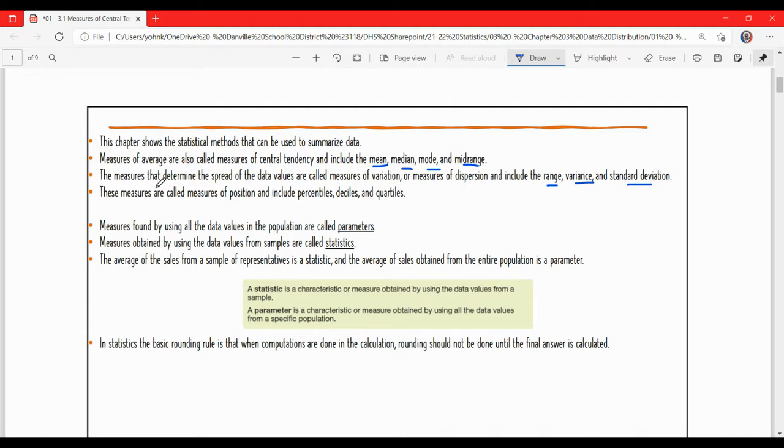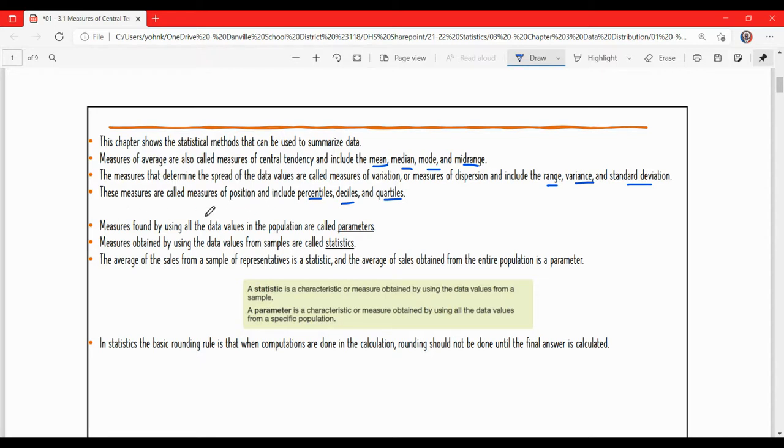These are measures of position, the third kind, and they include percentiles, deciles, and quartiles. Measures found by using all the data values in the population are called parameters, and measures obtained by using the data values from samples are called statistics.